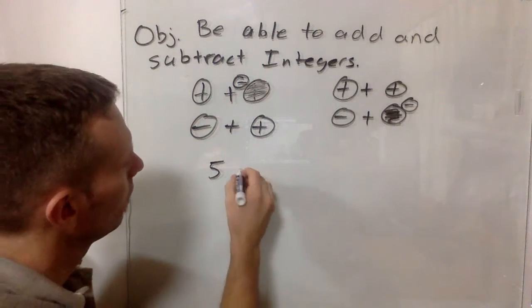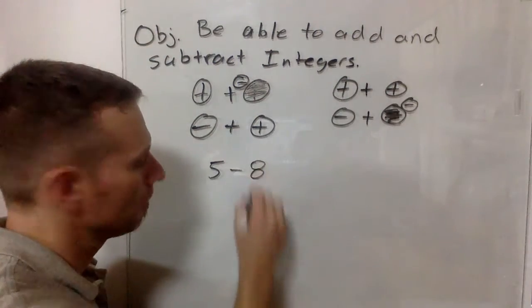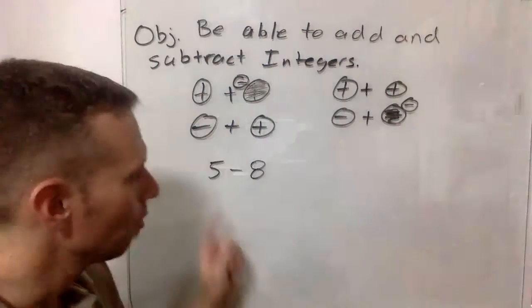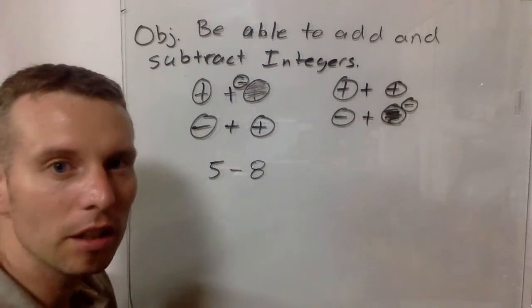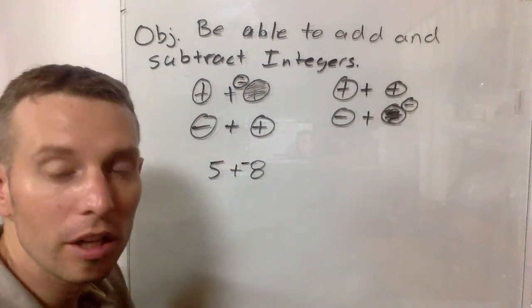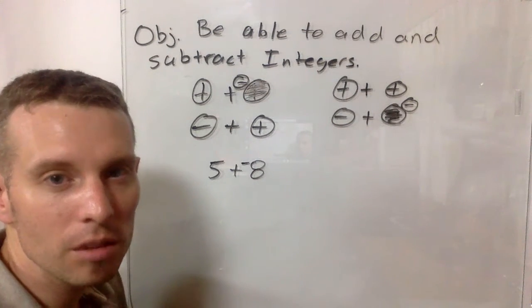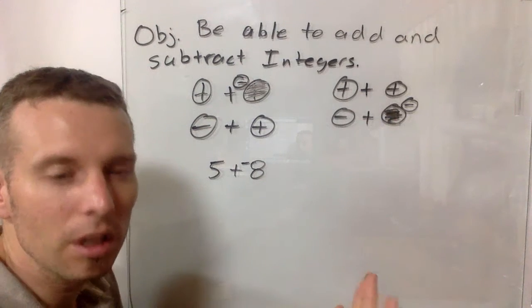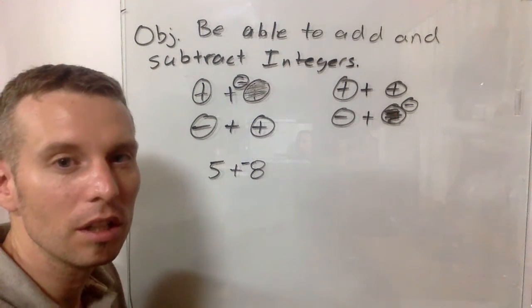5 minus 8. Okay, 5 minus 8, positive minus a positive. Well, these are subtracting integers. We're going to add the opposite. Now, the rule that we learned, if we have a positive and negative integer and we're adding them, is to take the larger number, subtract the smaller number, and use the sign of the larger number.